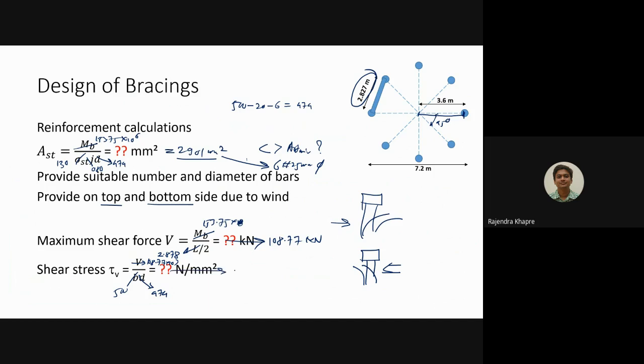How much is the tau v value? 0.46 Newton per mm square. Okay, now remember we have provided 6 bars of 25 millimeter diameter.